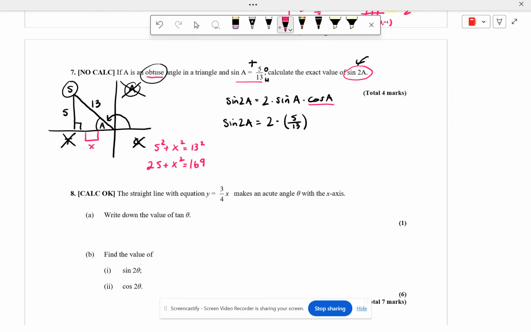Do you remember Pythagorean triples? We have 3, 4, 5. In this case, we have 5, 12, 13. But you could keep going with the work if you weren't sure about that. So this side is going to be 12. Then the cosine of A is going to be adjacent over hypotenuse, and that is 12 over 13.